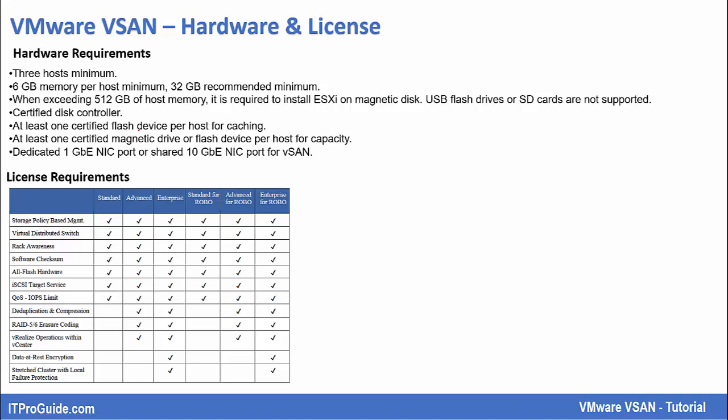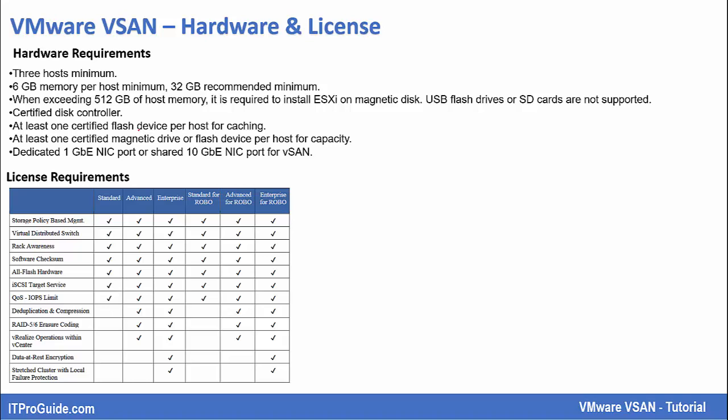And the third point is important, because when exceeding 512 GB of host memory, it is required to install ESXi on magnetic disks. This means that you can actually run ESXi on a USB flash device or an SD card until you reach 512 GB of memory for a single host.